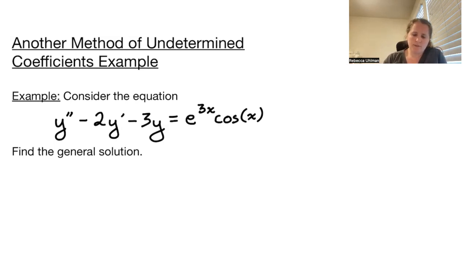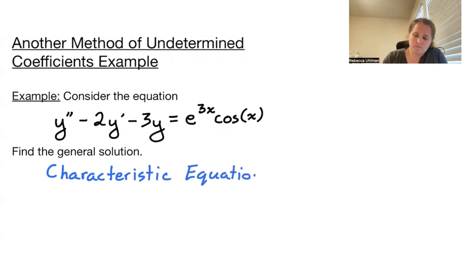So the very first thing we want to do is just check our characteristic equation. And so we have characteristic equation r squared minus 2r minus 3 equals 0.